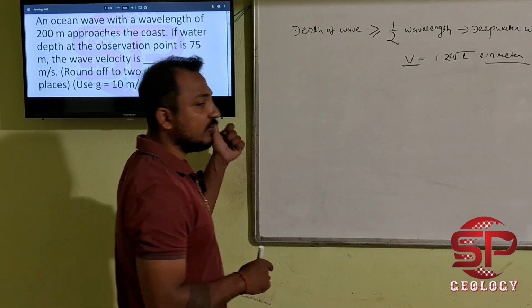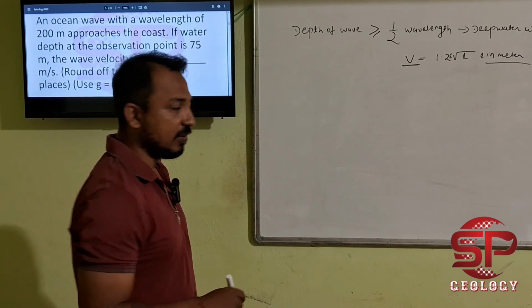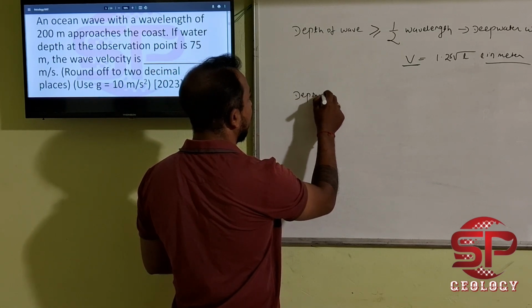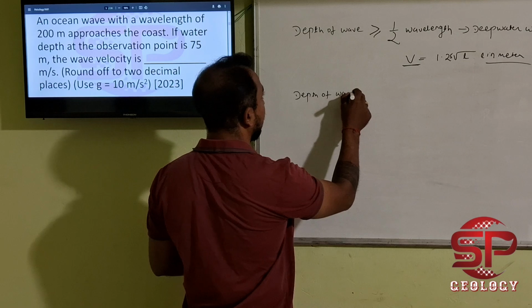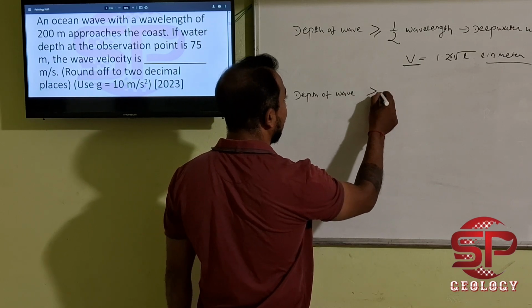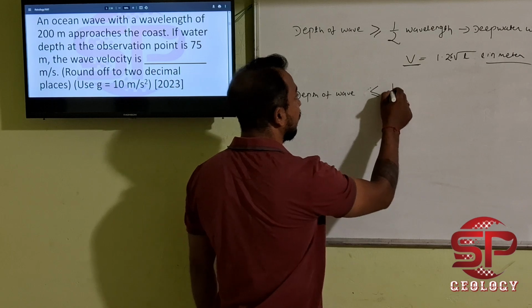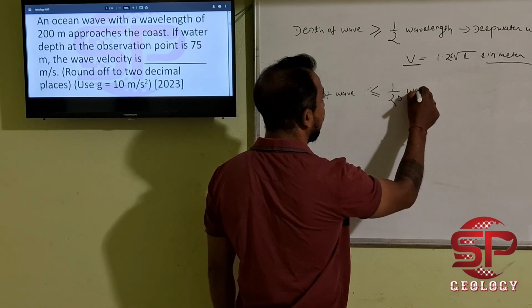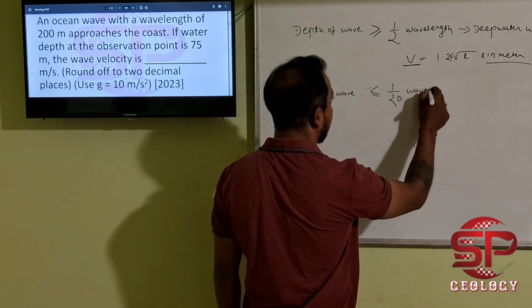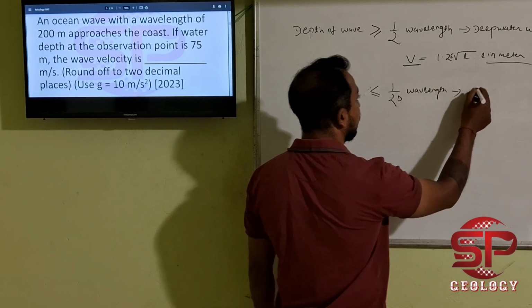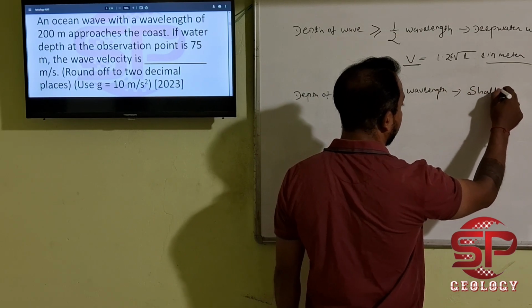So first we have to check whether it is a deep water wave or shallow water wave. Next, if the depth is less than or equal to 1/20th of the wavelength, then it is considered a shallow water wave.